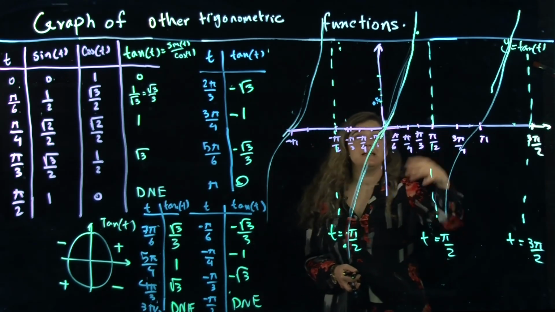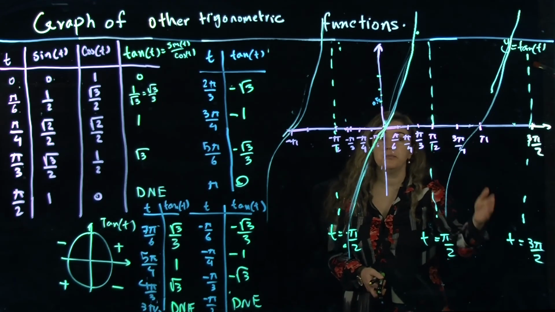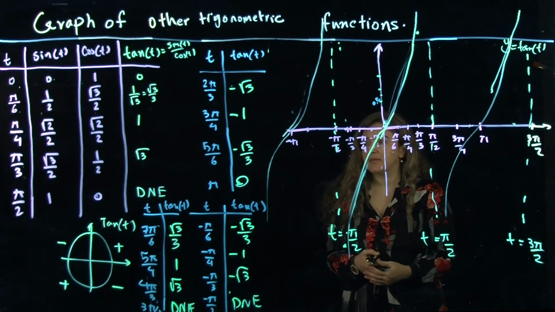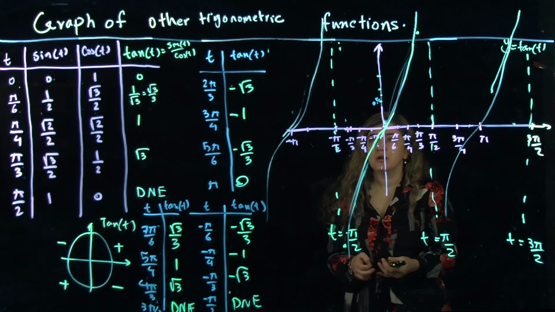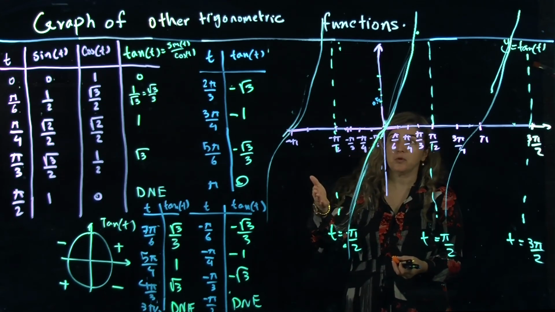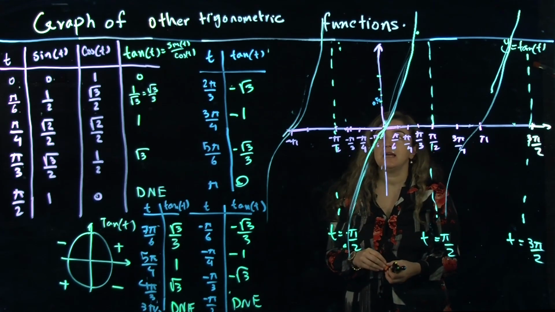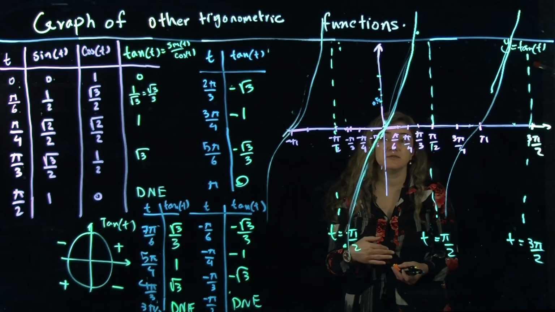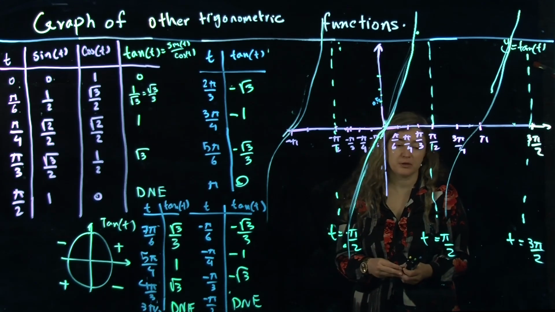And so that's the point, and at every pi period, it starts repeating itself. So the next part is the same principle applies, and we want to draw at least y equal to secant of t, and then transformation on all of these will apply also.